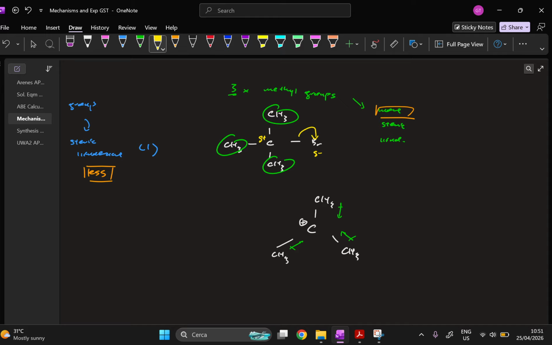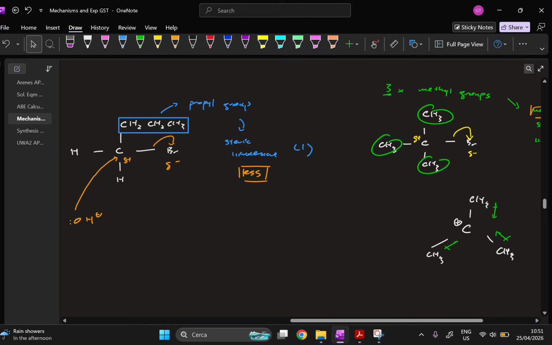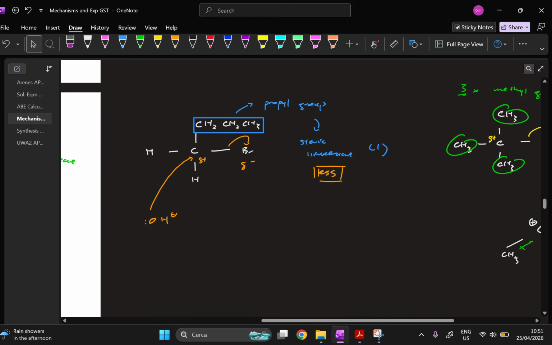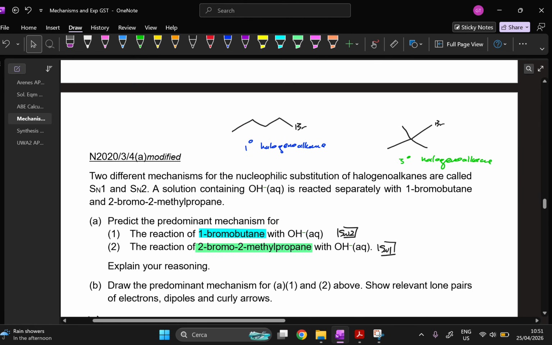Okay, so these 3 electron donating methyl groups will also disperse the positive charge on the electron deficient carbon to a greater extent. And therefore, this tertiary carbocation is much more stable as compared to the primary carbocation that would be formed if this were to undergo SN1. And that is why the dominant mechanism for 2-bromo-2-methylpropane is SN1.